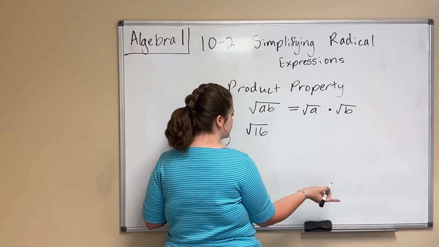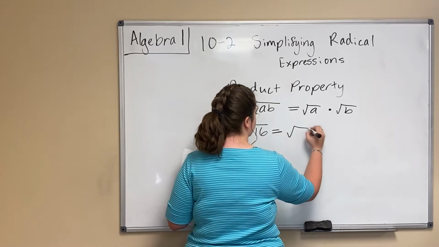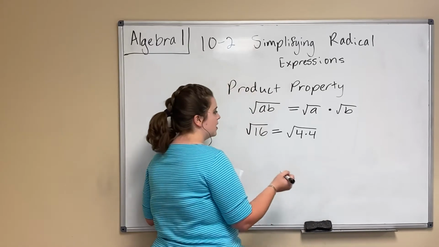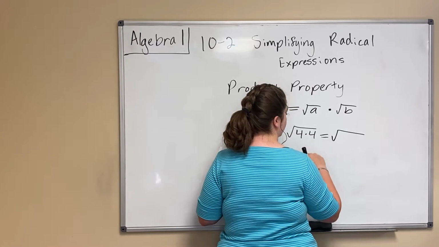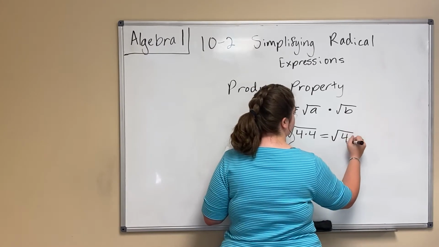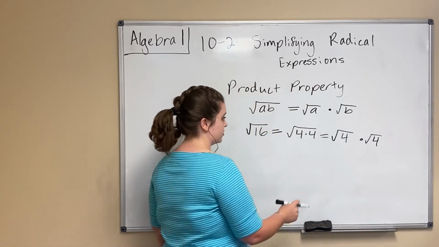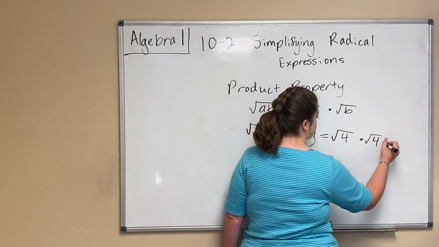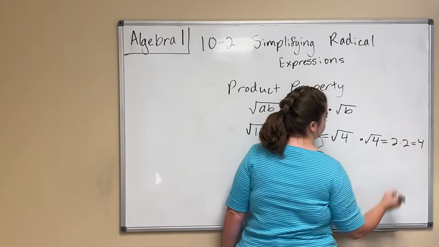But I can rewrite 16 as 4 times 4, and I could rewrite this as the square root of 4 times the square root of 4. Now the square root of 4 is 2, so I can rewrite that even as 2 times 2, which is 4.